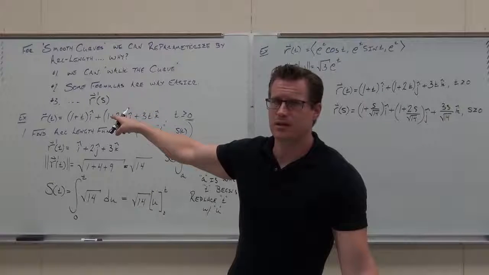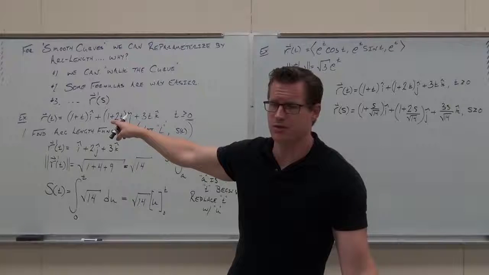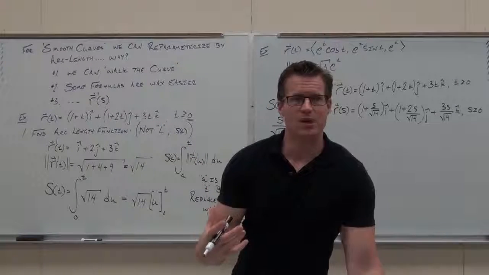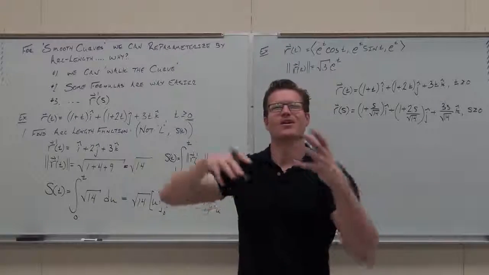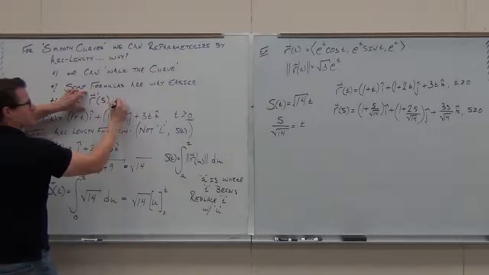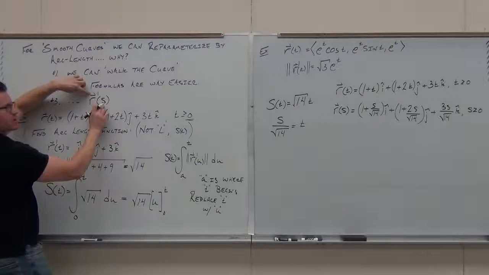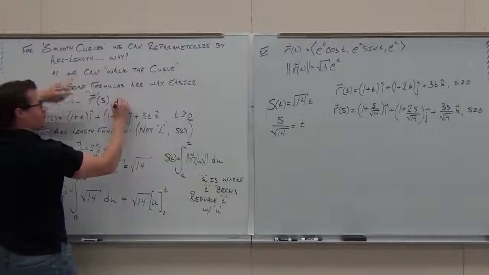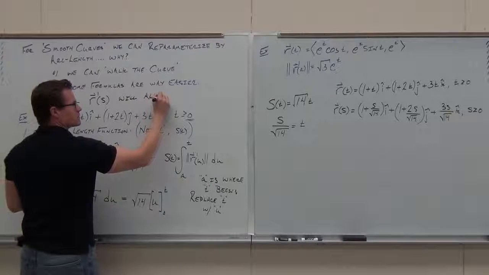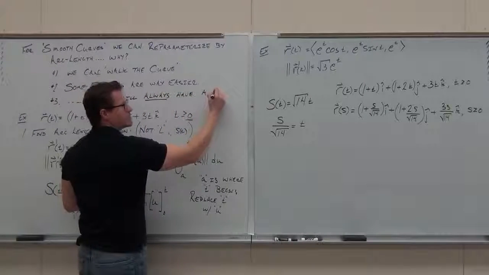Is it important? Yeah, you better believe it. We need it for things like curvature. We need it for things like osculating plane, osculating circle. We need it for torsion. We need it for these pieces. So if we reparameterize by arc length and we take the derivative, it's always there. So this, a vector function parameterized by arc length, the derivative of that function will always have a magnitude of 1.